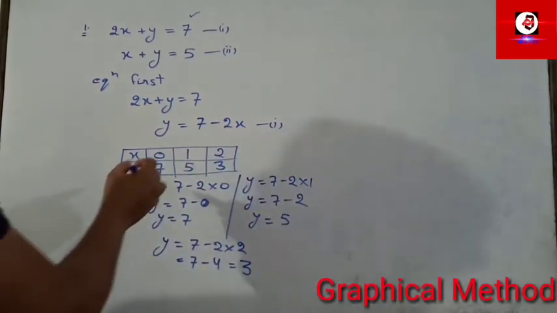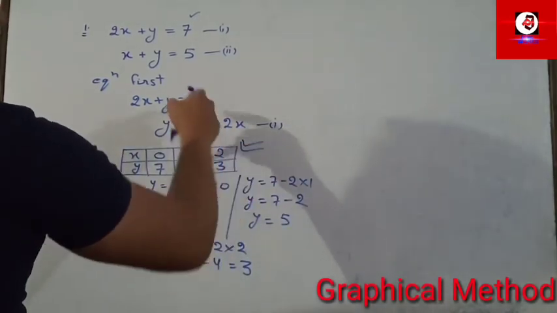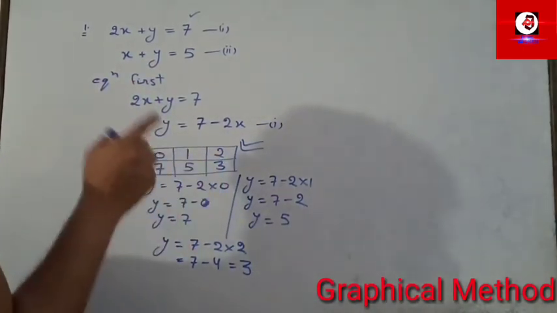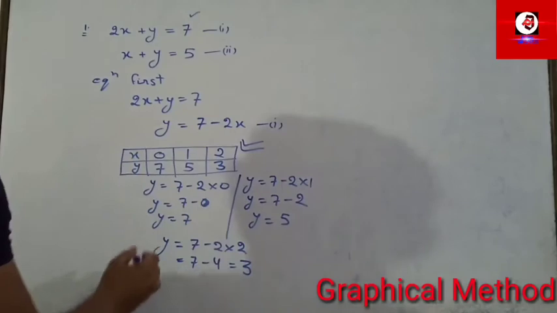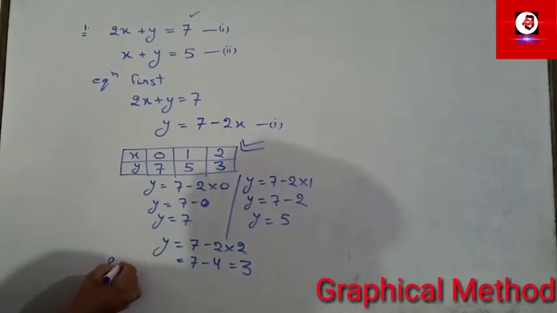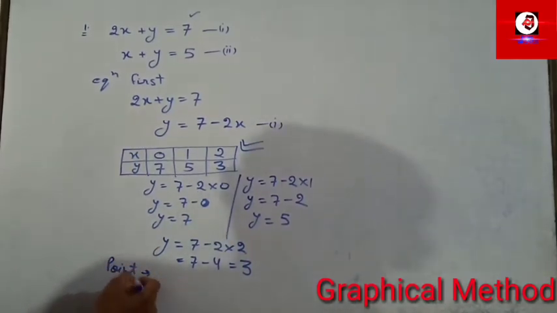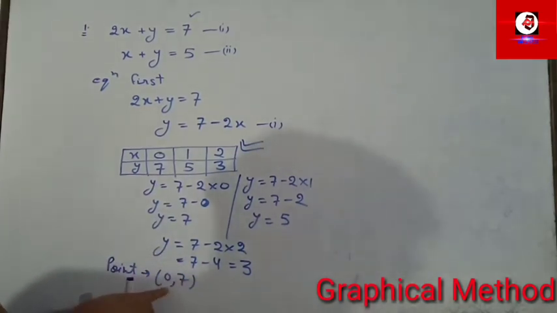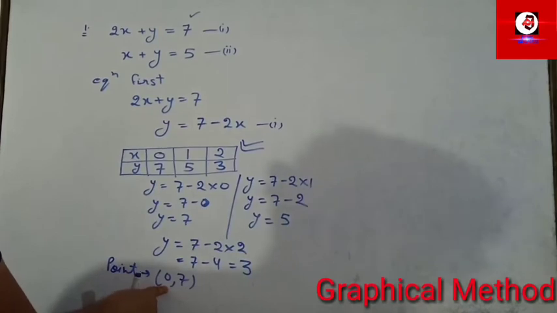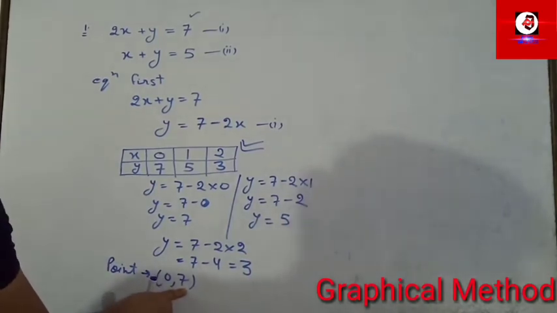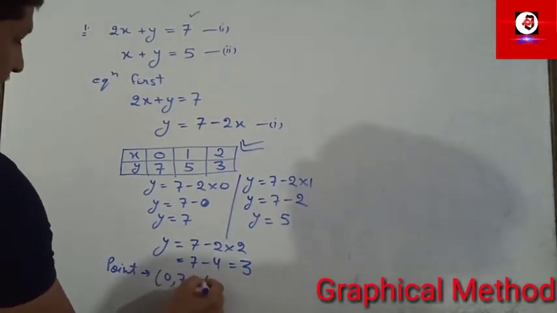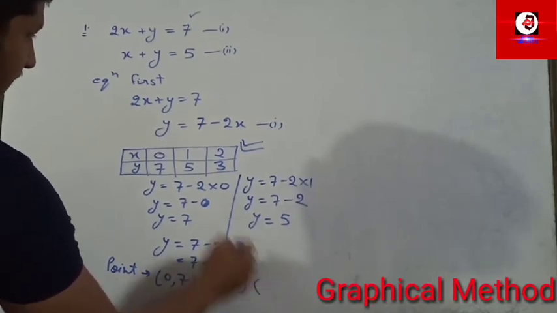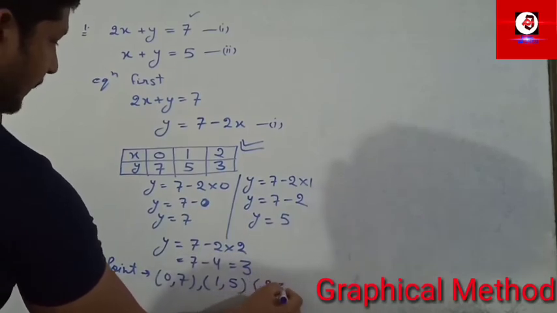So now we have the solutions of this equation. These are the solutions and also coordinates, points or coordinates, whatever you say. At 0 the abscissa x is 0 and the ordinate is 7, so 0, 7. The other coordinates for the Cartesian plane are 1, 5 and 2, 3.